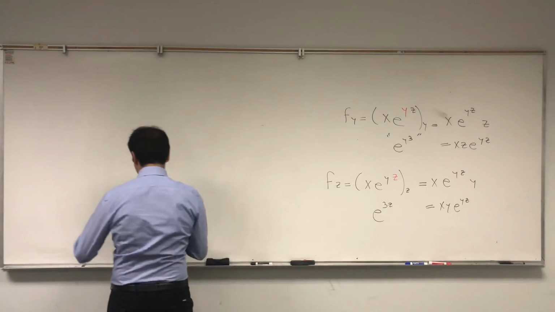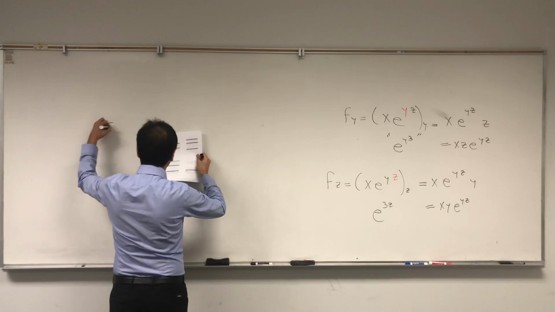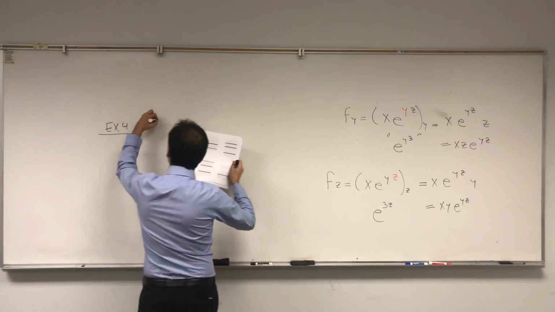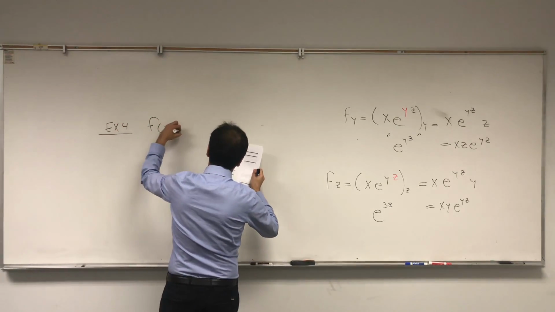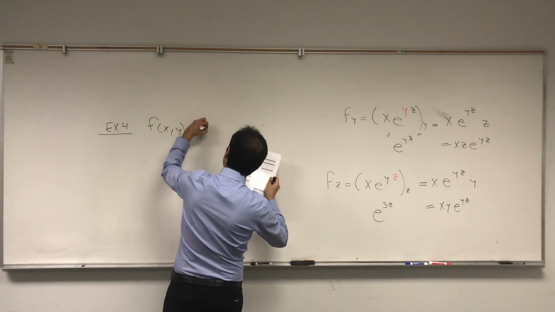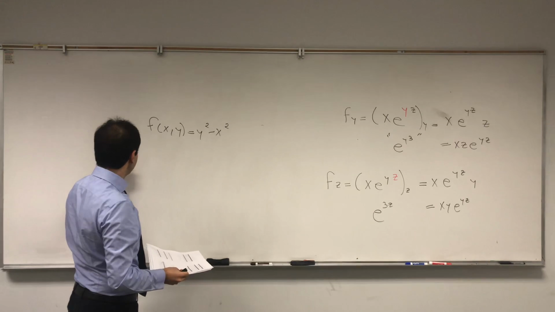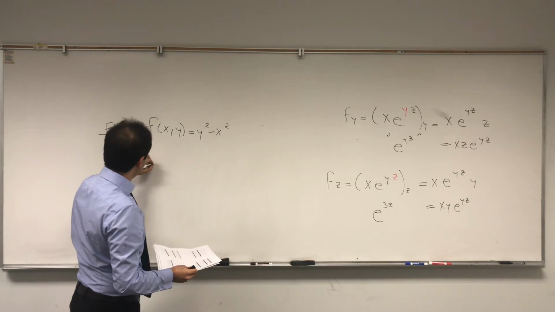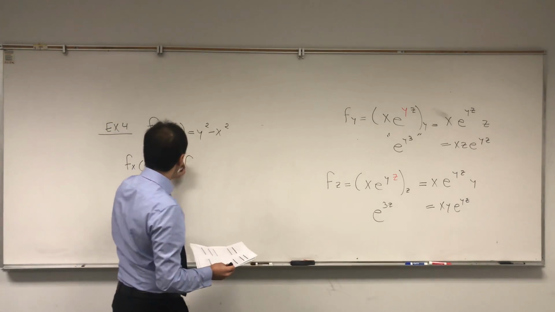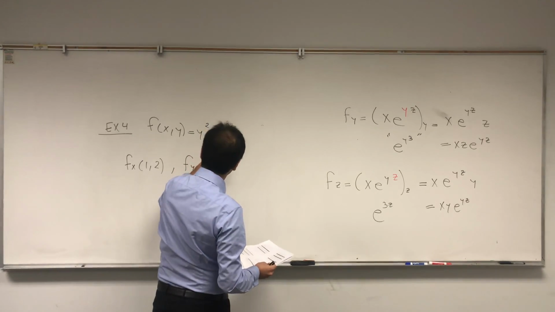So fourth example, take f of x y be y squared minus x squared. And the question is, find the derivatives at the point (1, 2). So f_x(1, 2) and f_y(1, 2).